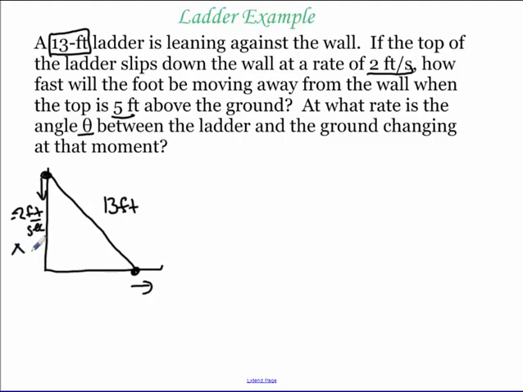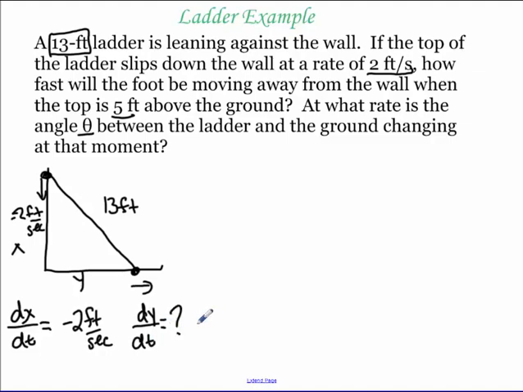I named this guy x, I named this guy y. So dx/dt is equal to -2 feet per second. I'm looking for dy/dt when x equals 5.